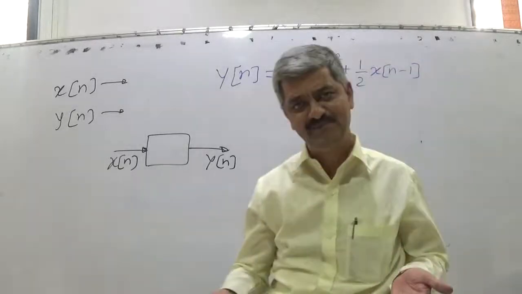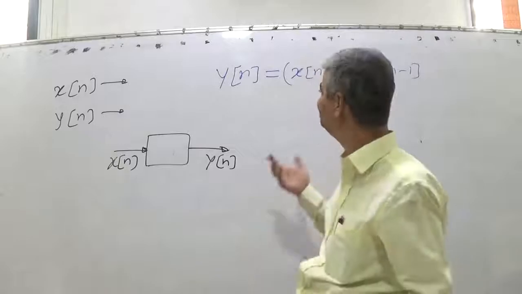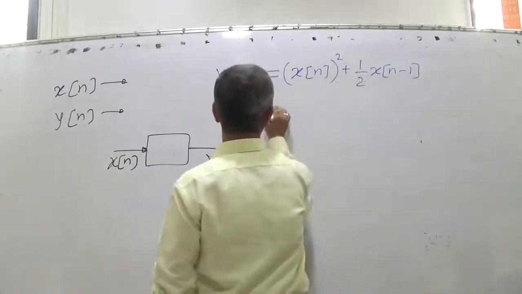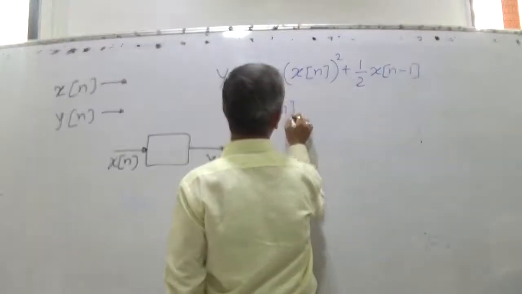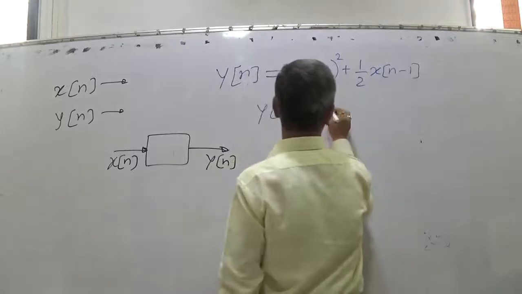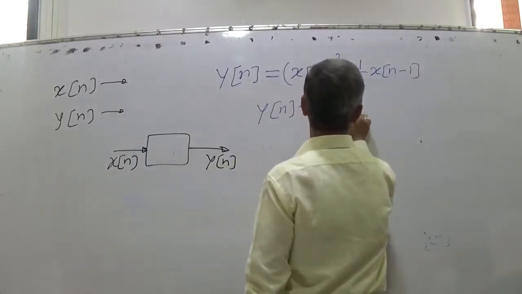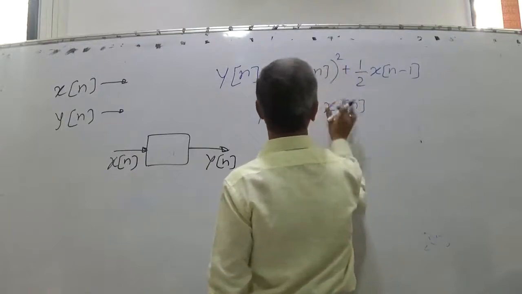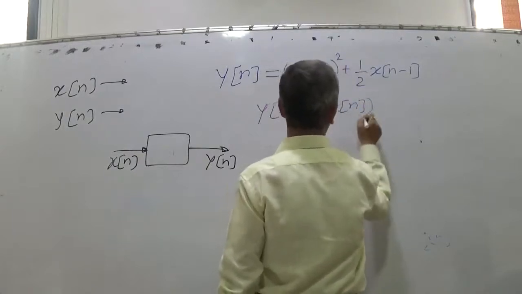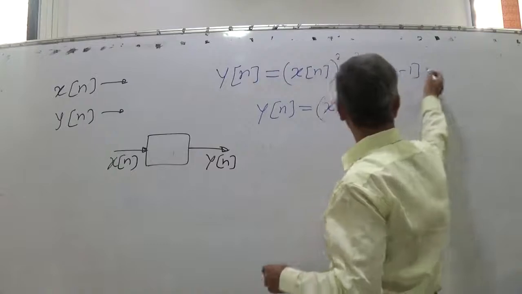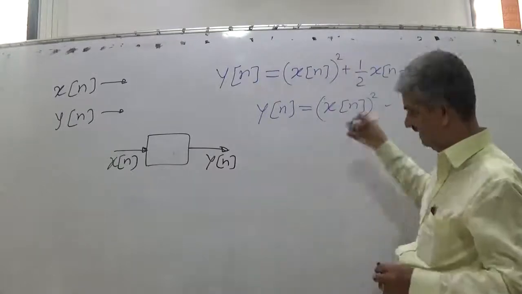This can be a system. Or, to start with, we can simply have y[n] = √x[n], or simply x²[n]. Either of these is simpler to take as an example.